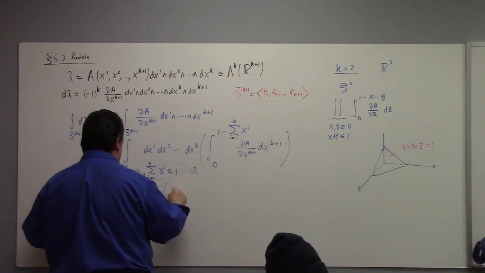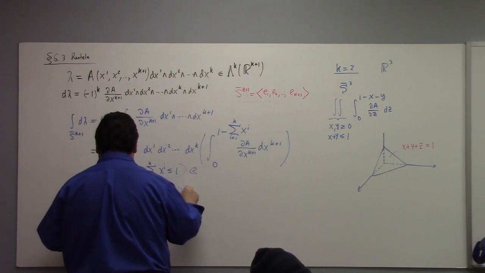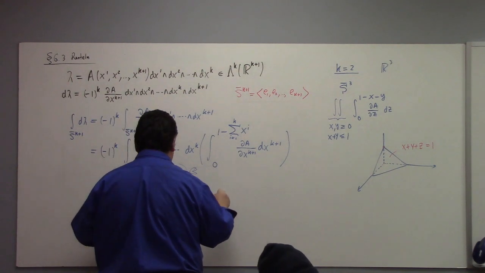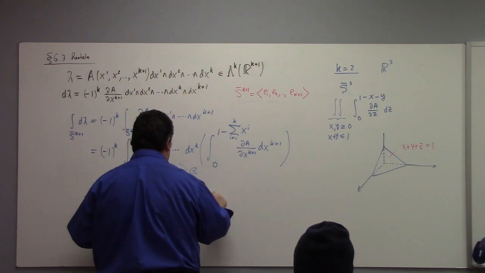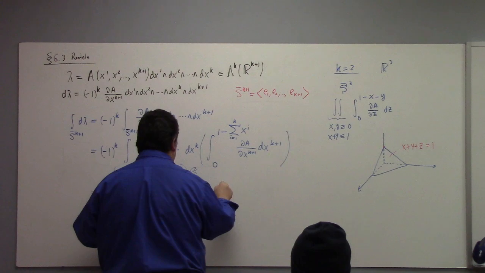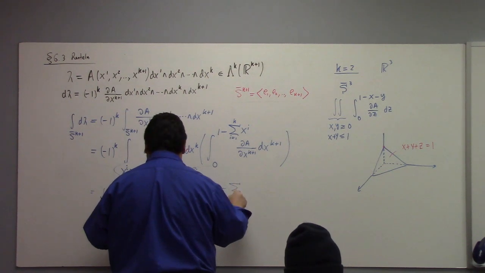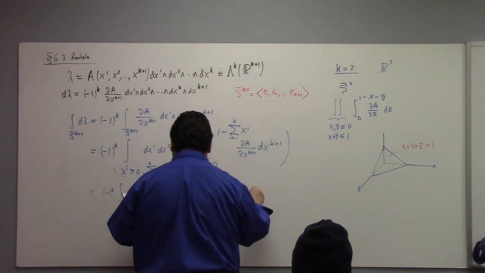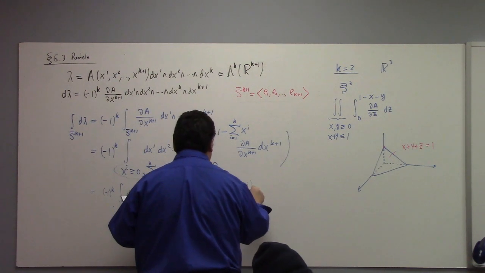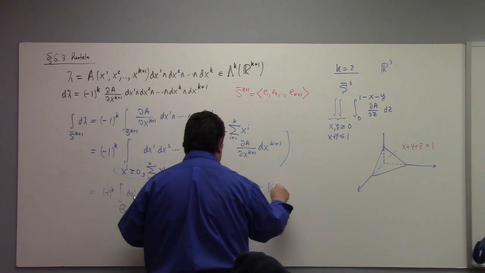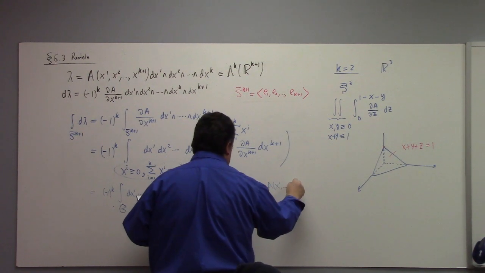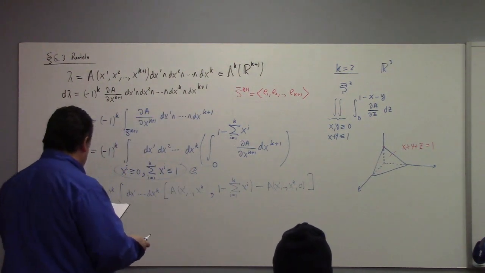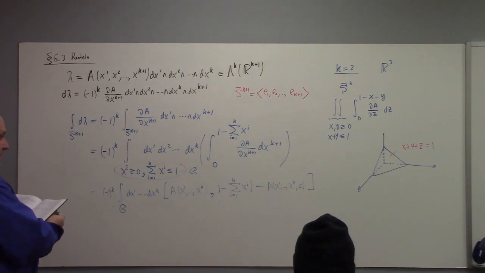Well, it gives you a of x1 through xk, comma, 1 minus the sum i equals 1 to k of x sub i, and then minus a of x1 through xk with a 0 here.